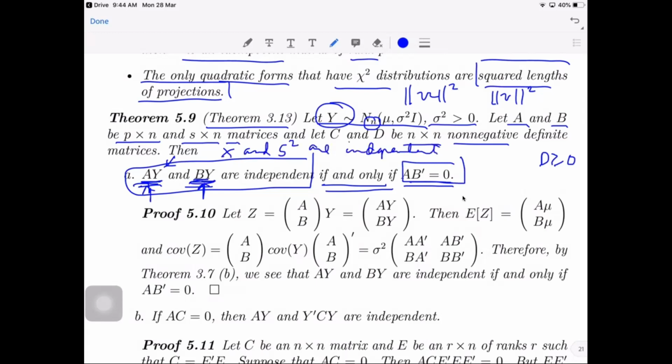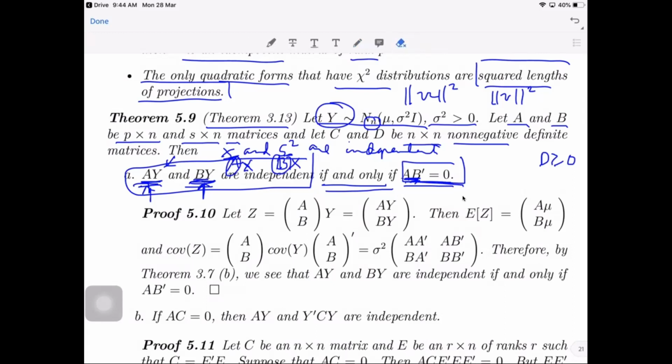To show that, we just have to rewrite X bar in terms of X times some matrix A, and S squared in terms of X and some matrix B. Once you get these two matrices pre-multiplied to X, and you can show that A B prime is 0, then you say that X bar and S squared are independent.